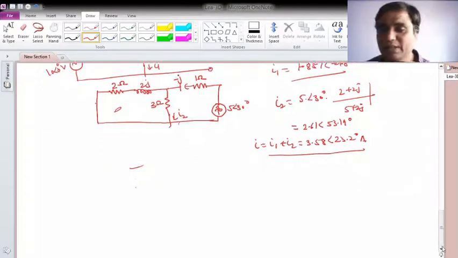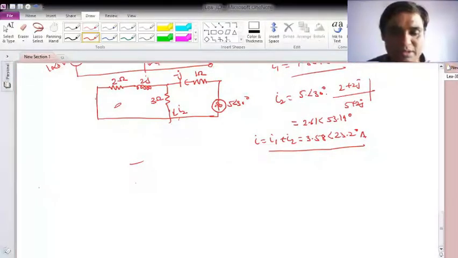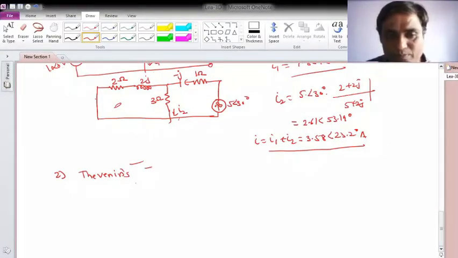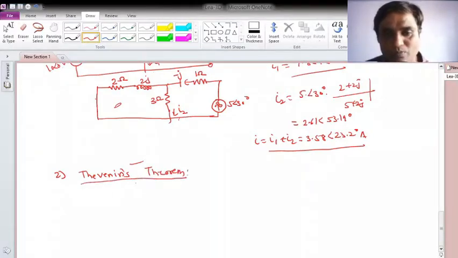Now let us discuss the next theorem called Thevenin's theorem. As already discussed, suppose I am interested only in one element whose current and voltage is to be obtained, then what can be done?